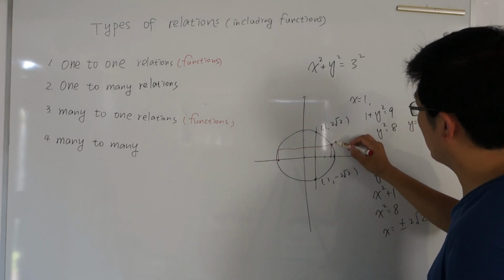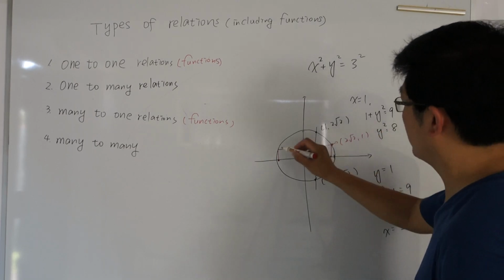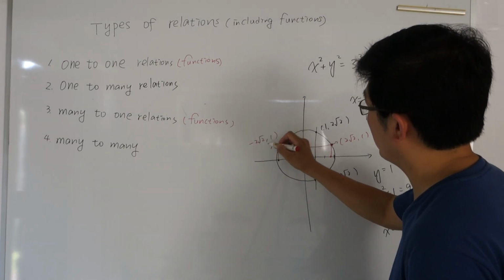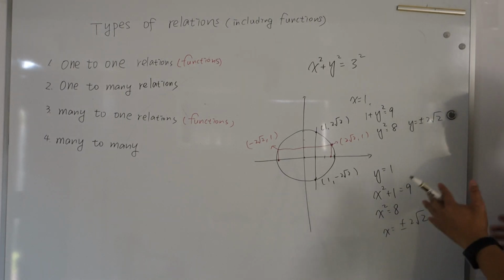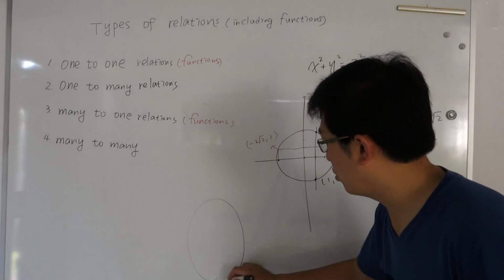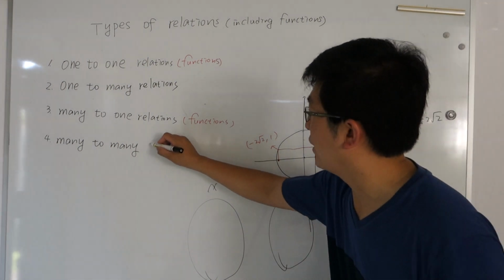The point 2 square root 2, 1 and the point negative 2 square root 2, 1. So do you find that one x value can go to different y values, and one y value can have different x values? So we call this many to many, okay? So this must be only a relation.